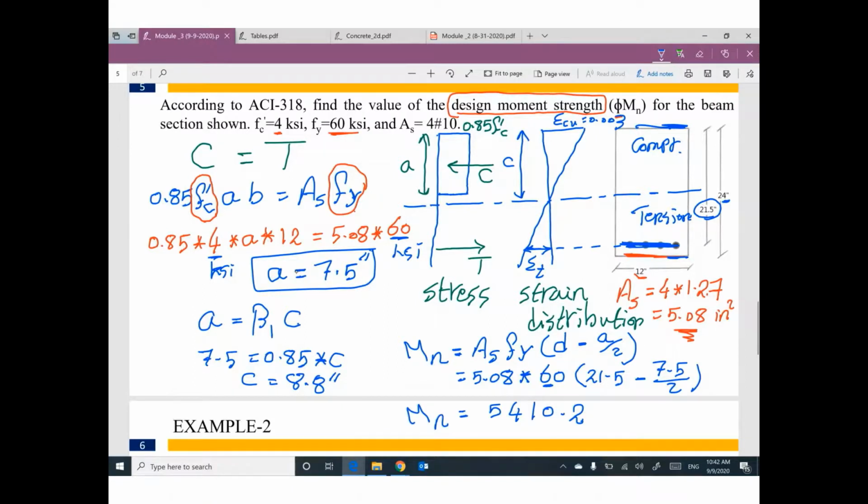Remember, your stress was in kips per square inch and everything in inches. So your final one will be kip-inch. I don't like inches in my moment, so I will divide this number by 12. Your final answer will be 450.85 kip-foot.